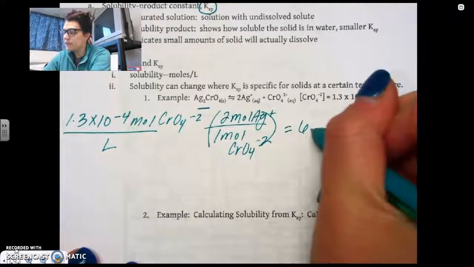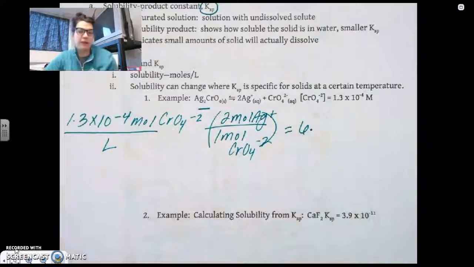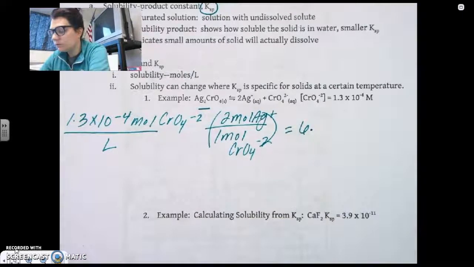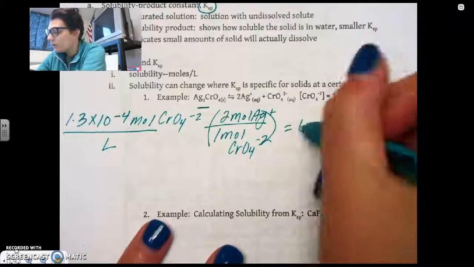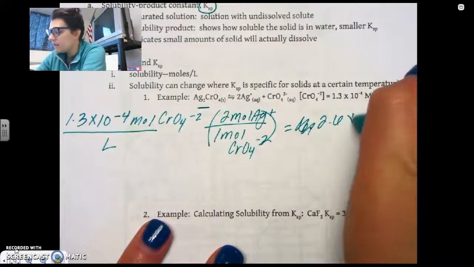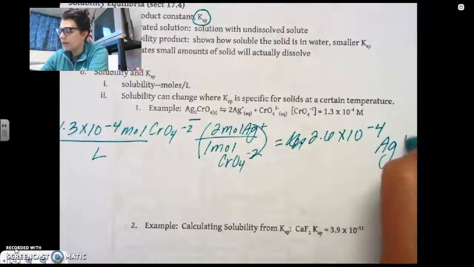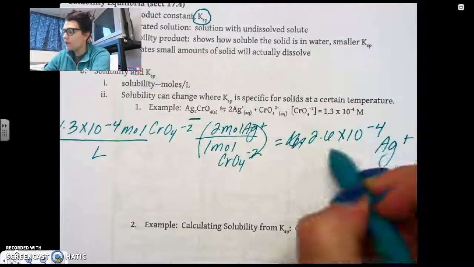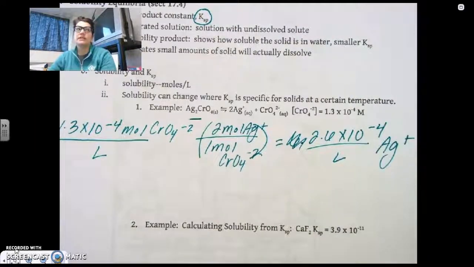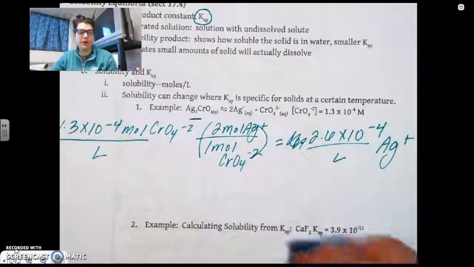Let me redo the math: 1.3 times 10 to the negative 4th times 2, and I get 2.6 times 10 to the negative 4th. That's my silver ion concentration, which over liters is the molarity of the silver ions.